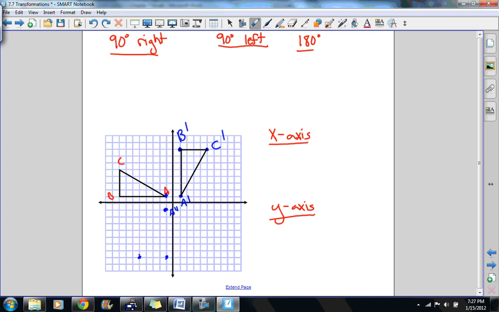Now this one does not give us the same flipped picture that we had before. Okay? And that's because of the orientation of the triangle. And 180 degrees would be A would be here. Then B would be 1, 2, 3, 4, 5, 6, 7 out here. And C would be here.